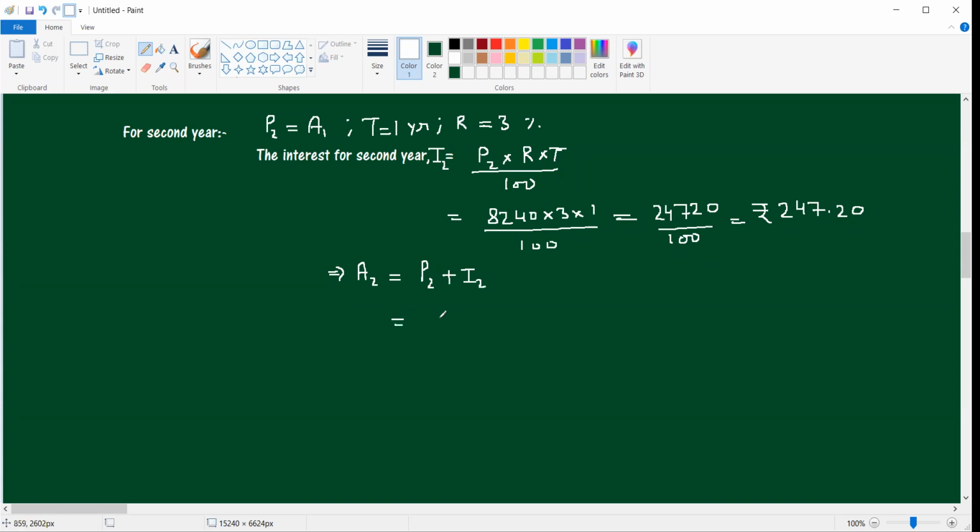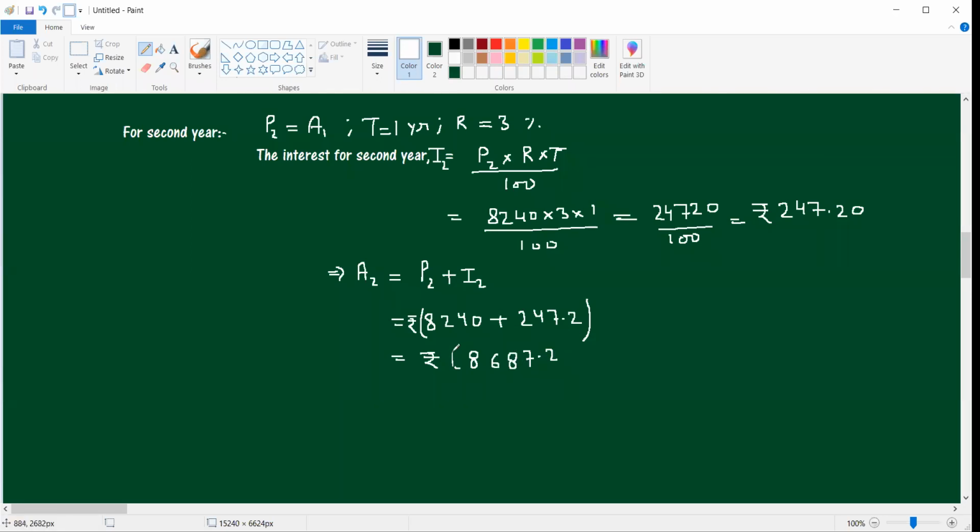which means P2 is 8240 plus I2 is 247.2. So rupees 8487.2.